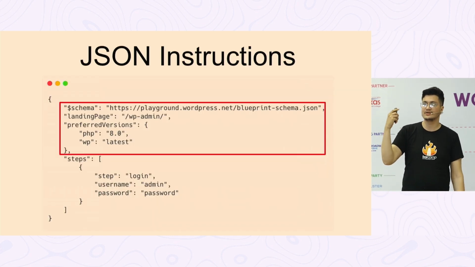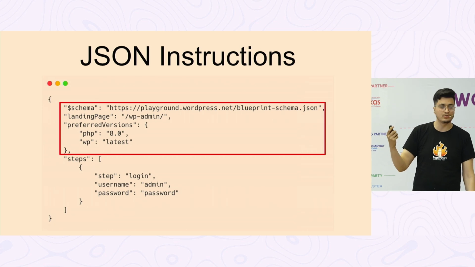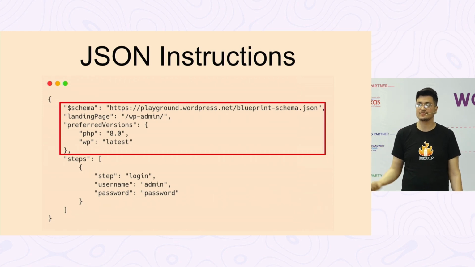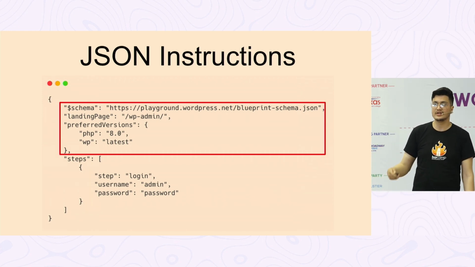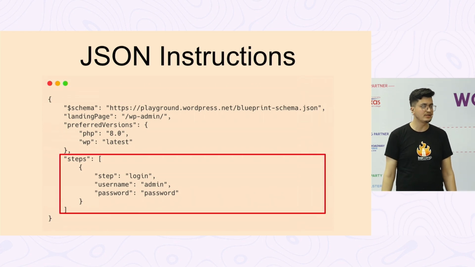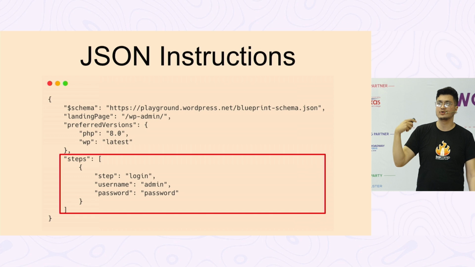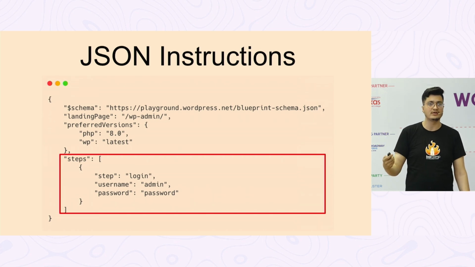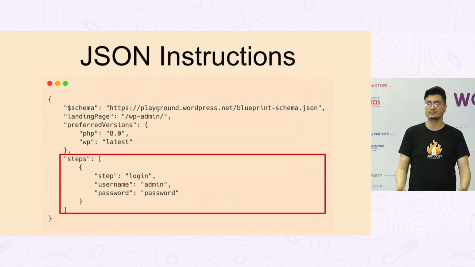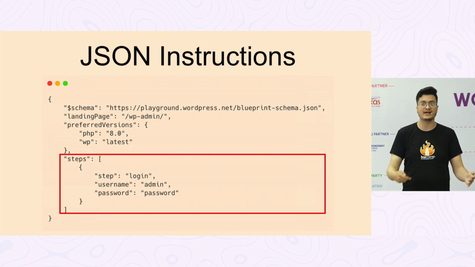First, we have to define the parameters we want to load our playground with, like which schema to use, what the preferred versions are, what the landing page is, and so on. We define it at the top level, and at the bottom level, you define the steps, like you want to log in, install a plugin, run PHP code, or import demo data. You can define that in the steps.